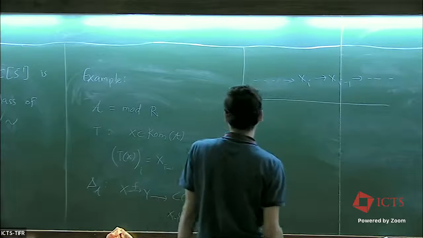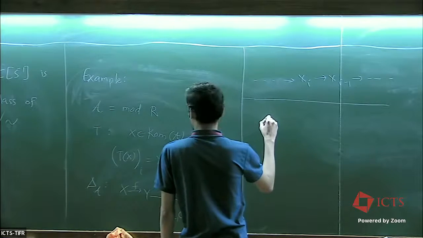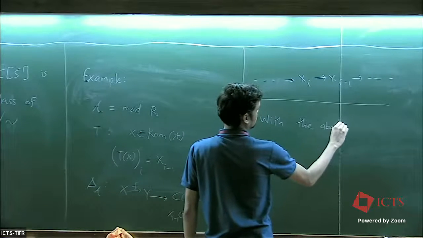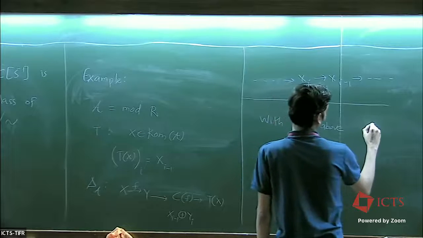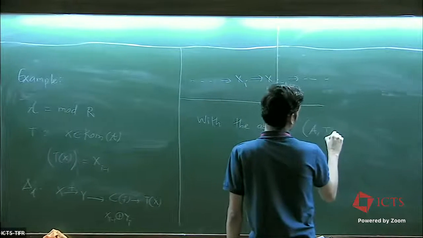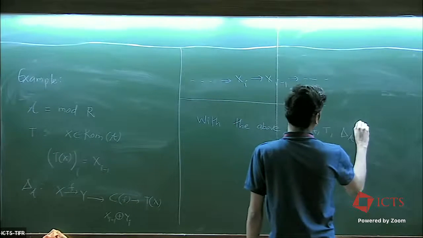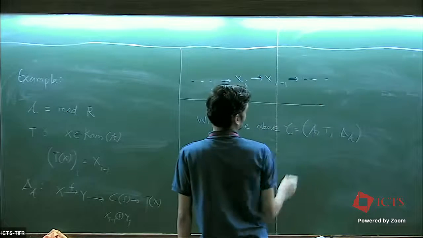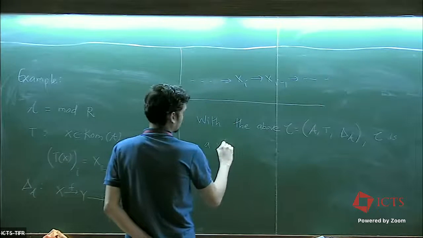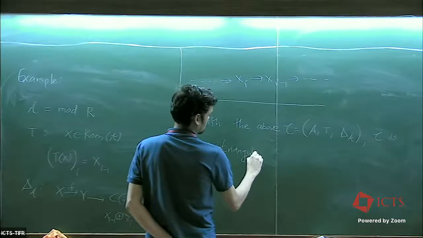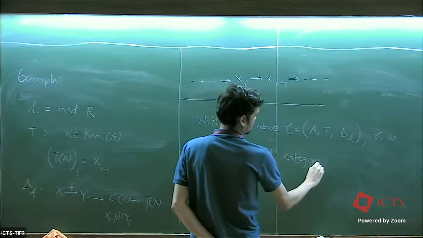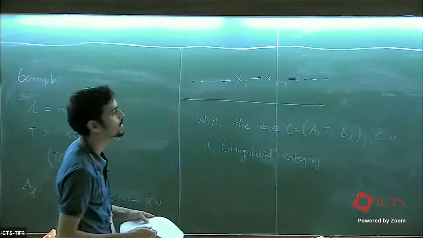Maybe I can give a sketch. So with the above translation functor, this is a triangulated category.